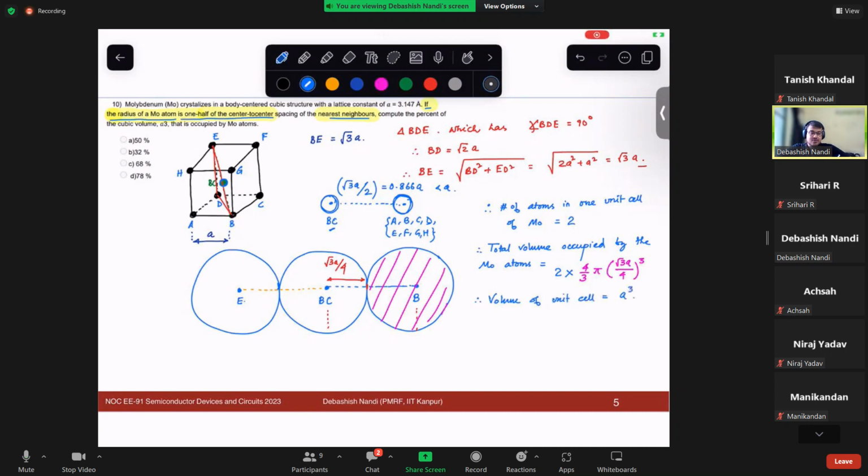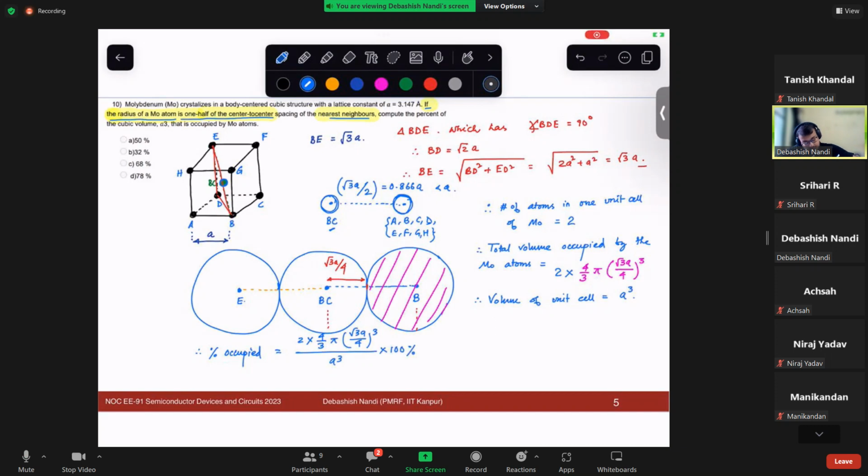So what is the percentage occupied? It is nothing but 2 into 4 by 3 pi root 3a by 4 cube over a cube into 100%.